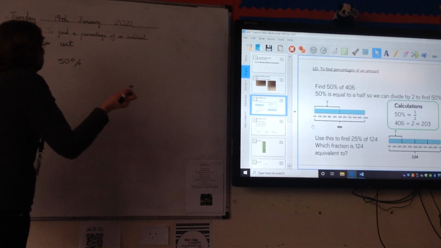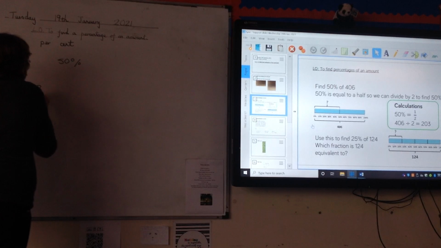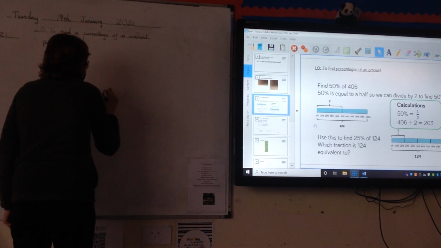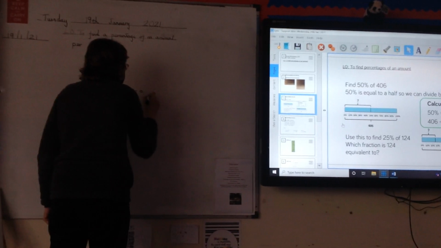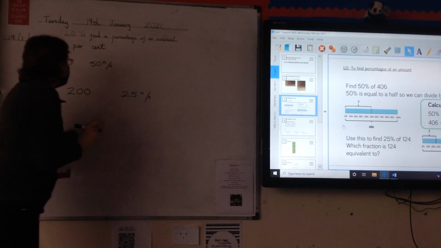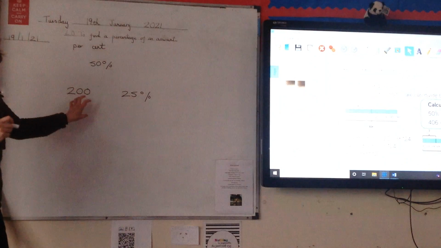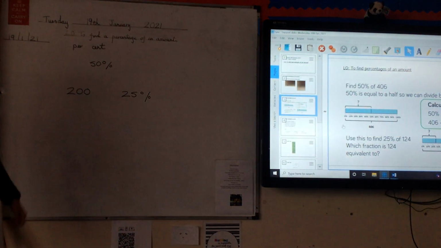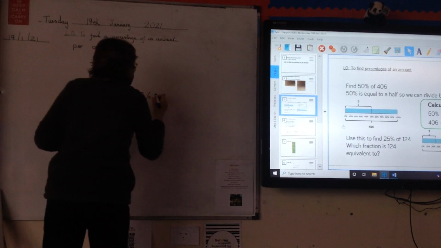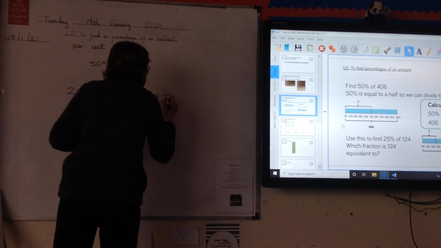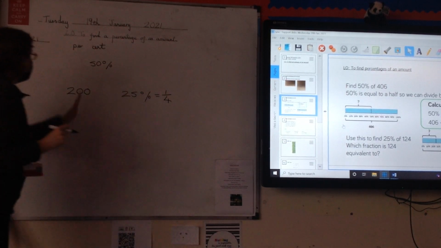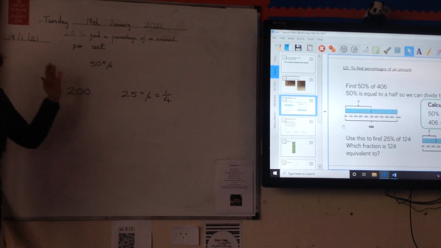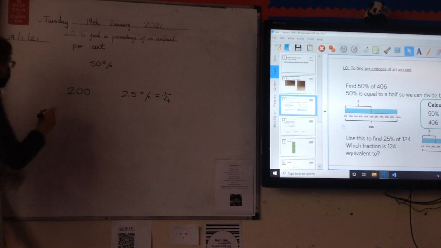So if I said we've got 200 biscuits and 25% of them are to be eaten today, how would you find 25% of 200? You would divide by 4, because we know 25% is a quarter. So we're halving it again, or dividing it by 4.